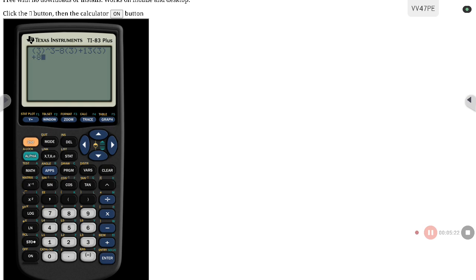So that has replaced all the x's in the function with 3's. When I hit enter, I get a number that is not 0. Since I got a number that is not 0, it is not a zero of the function.